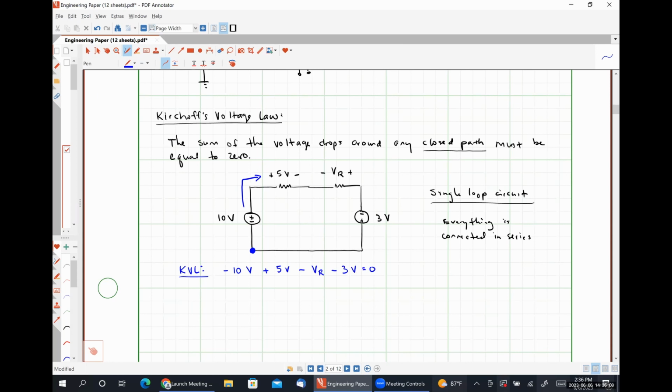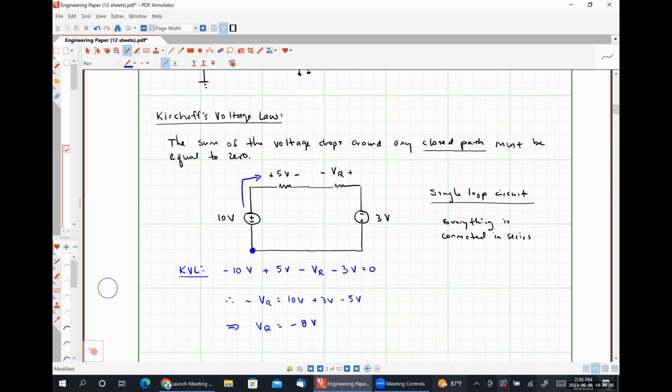Then I can algebraically rearrange this. Negative VR is going to equal 10 volts plus 3 volts minus 5 volts. And therefore, VR is negative 8 volts.